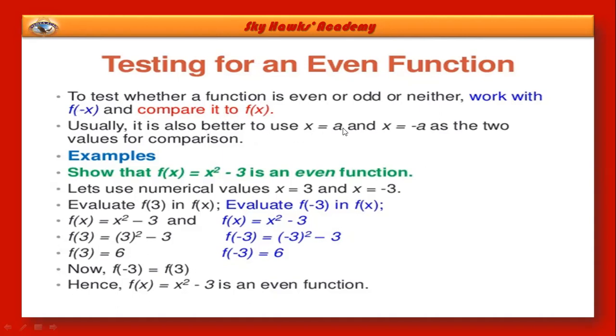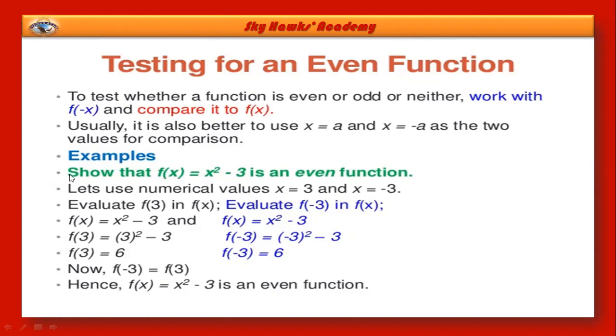Out of the domain, you will have to select any two values. One must be negative and the second one positive. You can put those values in the given equation, and if those values are the same for the positive as well as for the negative, then you can say that this function is an even function. So it's a very simple way to get the nature of the function.